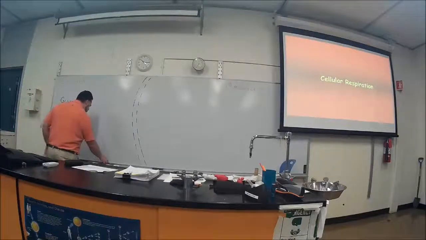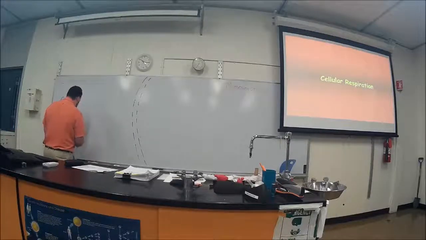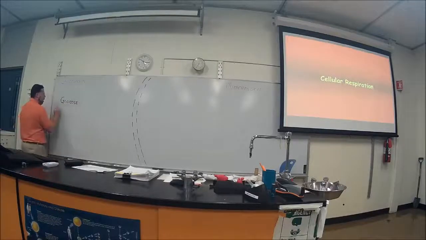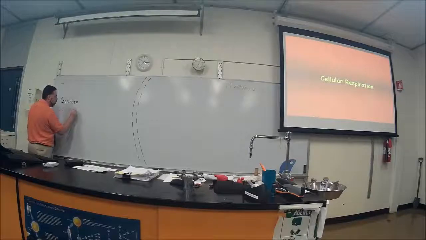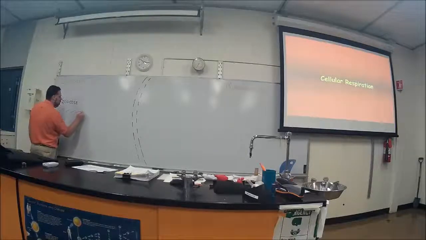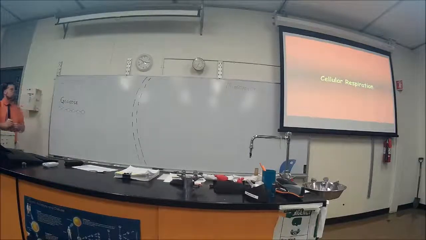Glucose is a 6-carbon chain. Well, it's a ring, but let's make it a chain molecule. Okay?